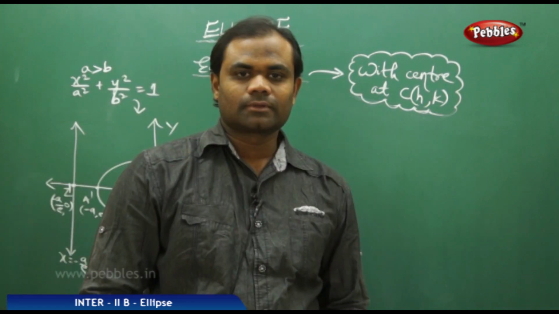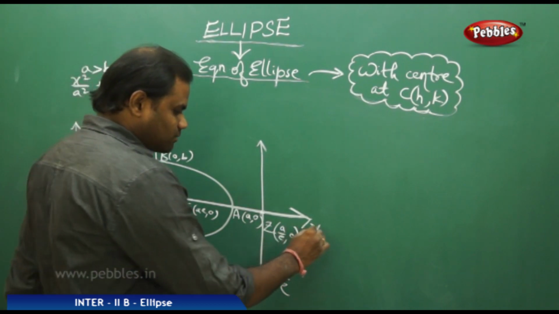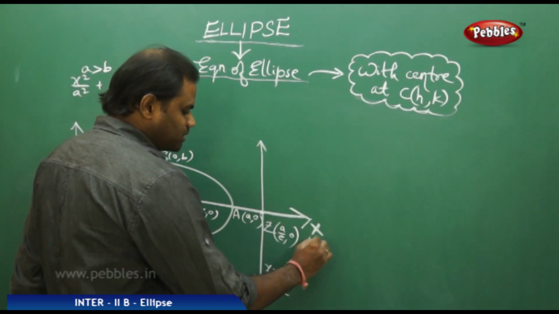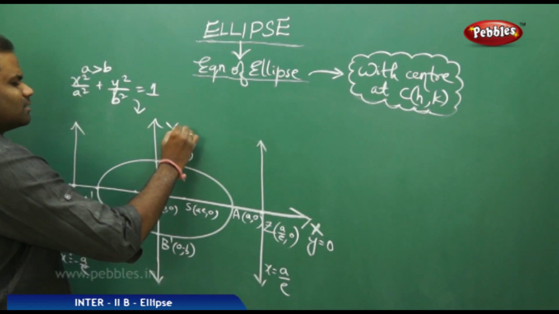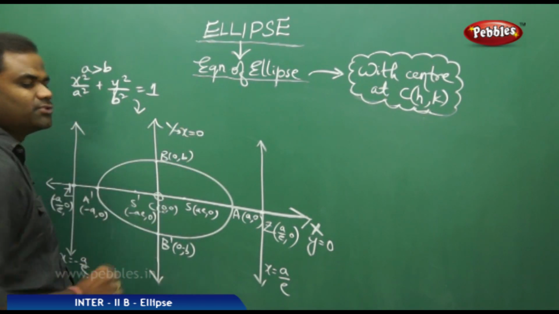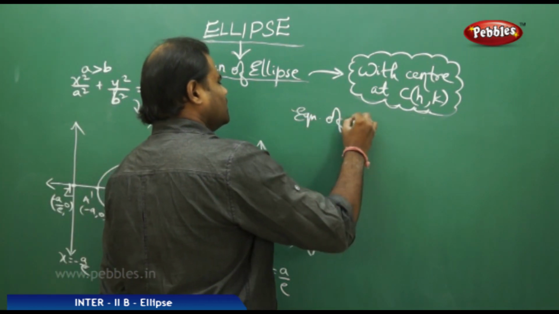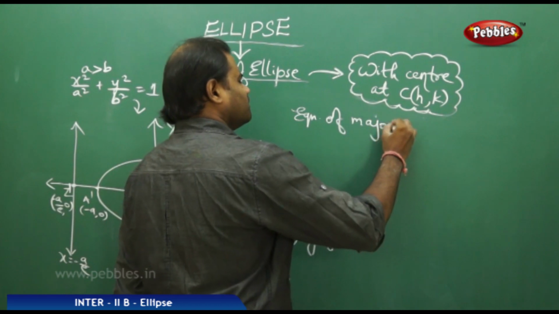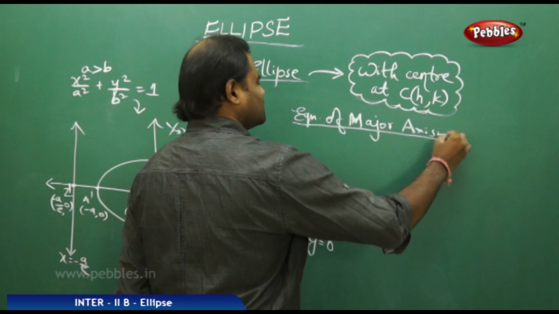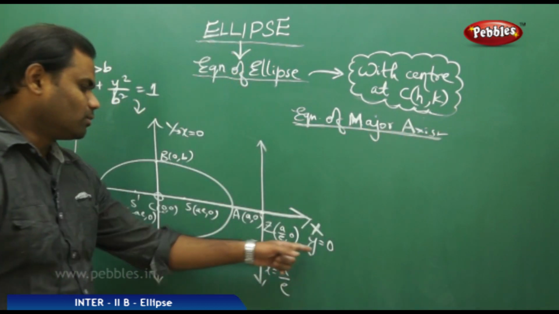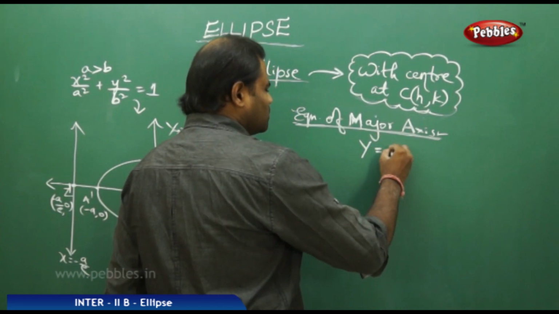Similarly, if I want to find the equation of major axis, in case of the standard form, equation of major axis is y equal to 0 and equation of minor axis is x equals 0. So in order to obtain the equation of major axis, I clearly see this to be along x-axis where y is 0, therefore the capital Y equal to 0.